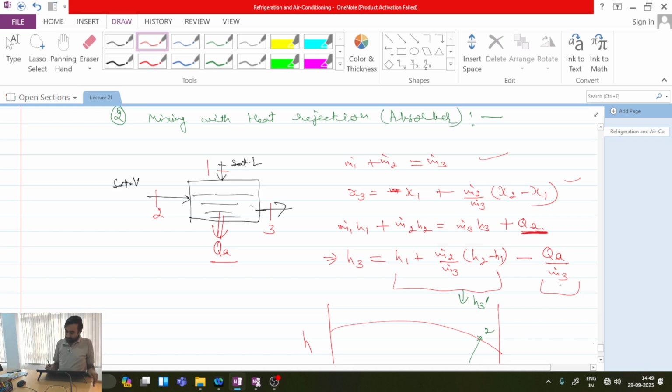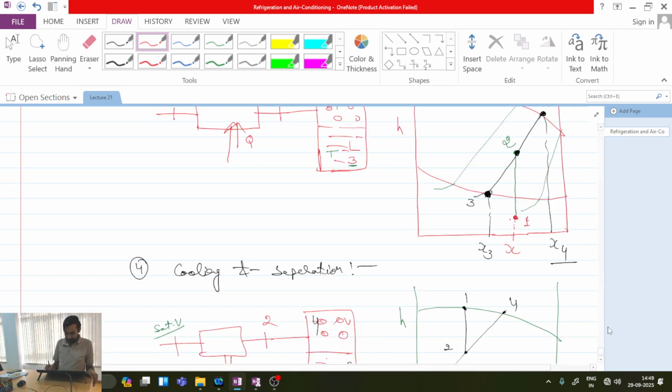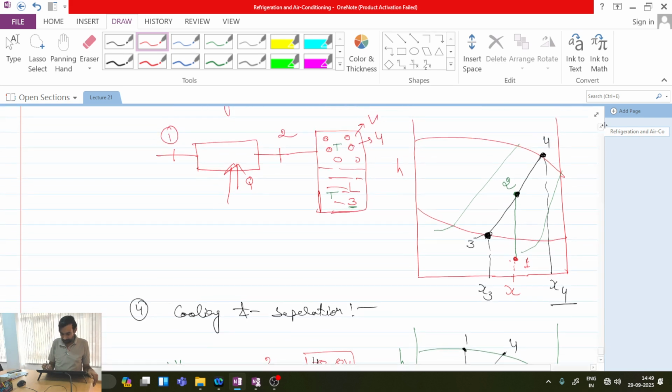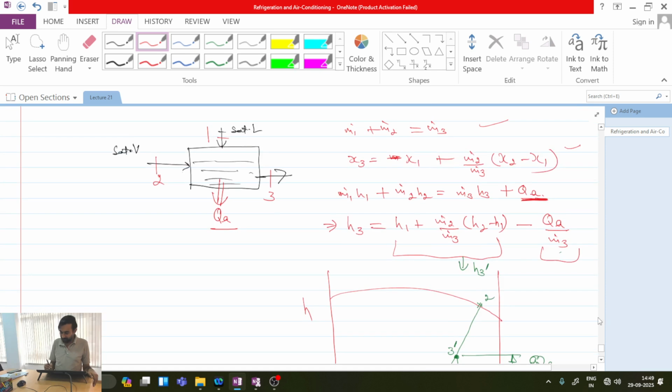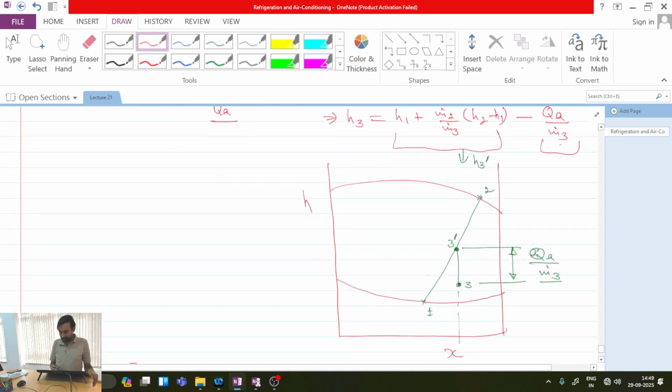Okay, and because of this we found that if this is my process 1 to 2, then in adiabatic mixing my point would have been at 3 dash, but in the real scenario Q_A by m dot 3 amount is actually being rejected, so that's why the enthalpy will be coming to point 3. Is this one clear?